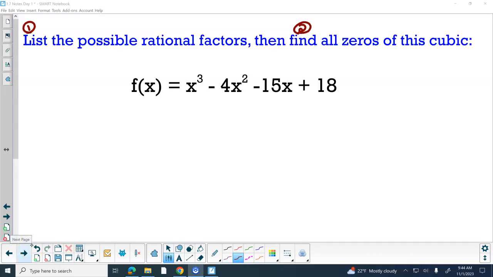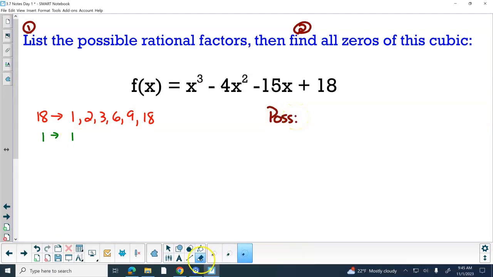So my factors of 18 are 1, 2, 3, 6, 9, and 18. My factors of 1 are 1. So my possible zeros, oops, one too many.